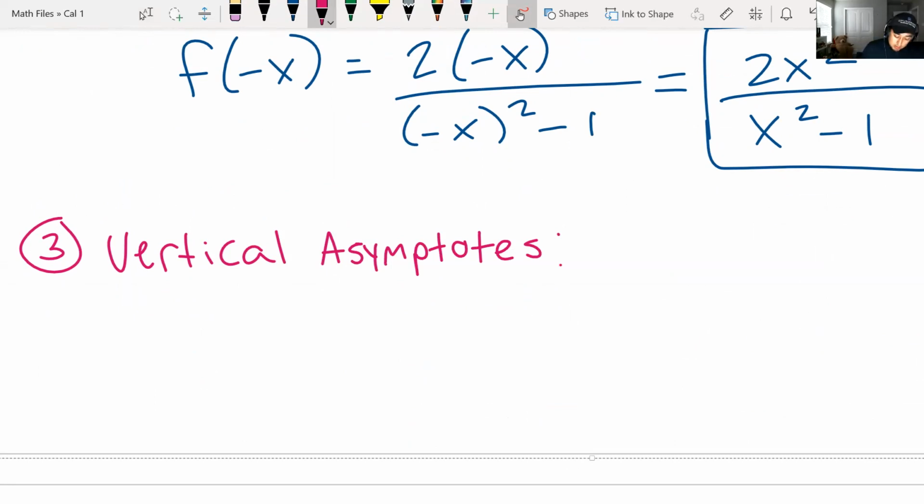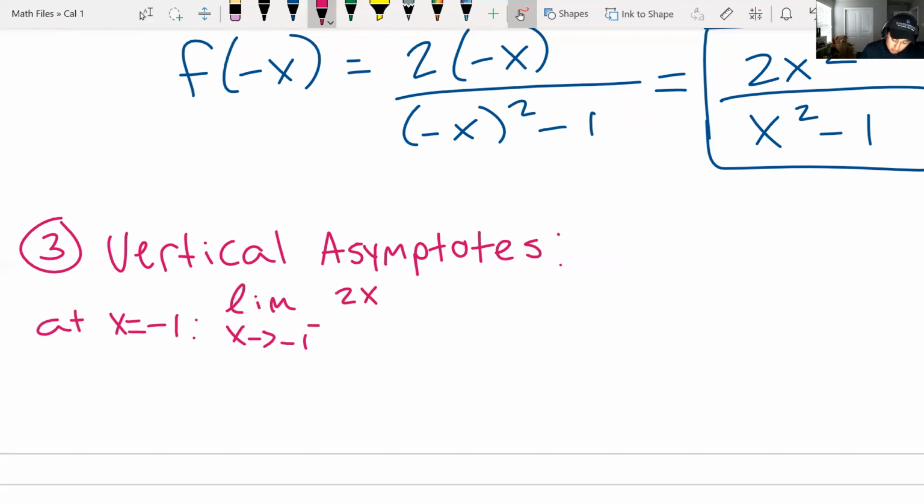So we're going to start at x equals negative 1. We need to do a left side limit and a right side limit to prove that a vertical asymptote is there. So I will say the limit as x approaches negative 1 from the left of 2x squared over x squared minus 1.